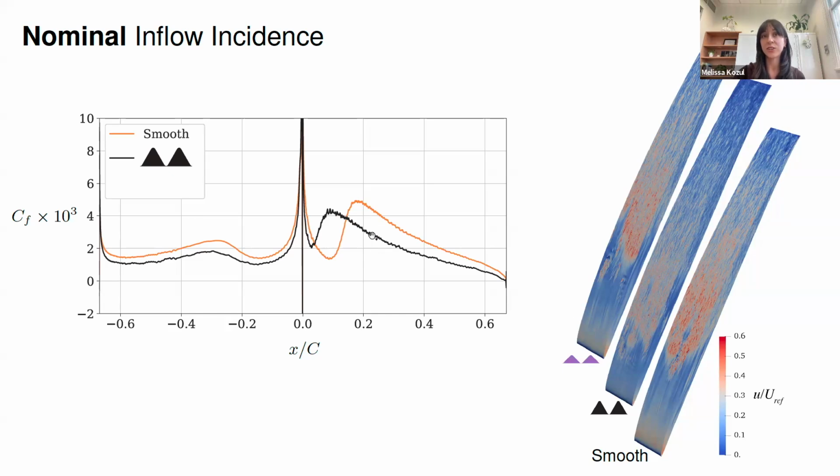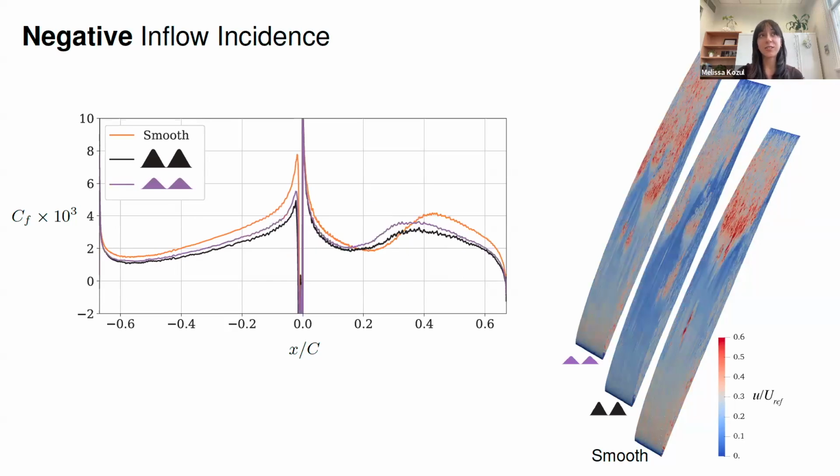We saw an earlier transition, but then the riblets were able to reduce the drag over the rest of the blade where it's turbulent. So riblets only work to reduce drag when it's turbulent. And the shallower riblets, which we thought might be a bit easier to manufacture, remember, these things are 50 microns in spacing, didn't bring transition forward, and were also effective to reduce the drag.